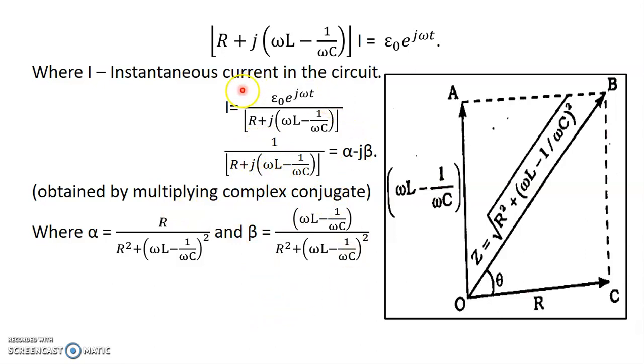Now if you plot an impedance triangle, the resistance is along x-axis, omega L minus 1 over omega C is along y-axis. Applying Pythagoras theorem, Z is equal to square root of R square plus omega L minus 1 over omega C whole square. It makes an angle theta with respect to x-axis.